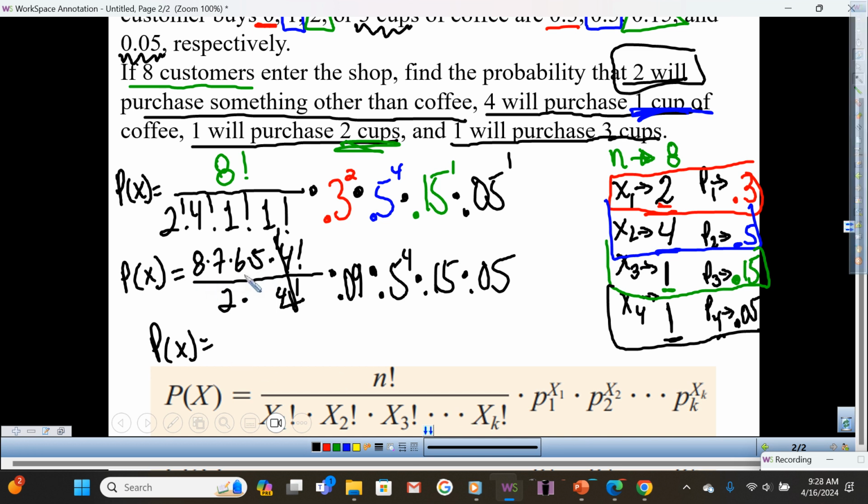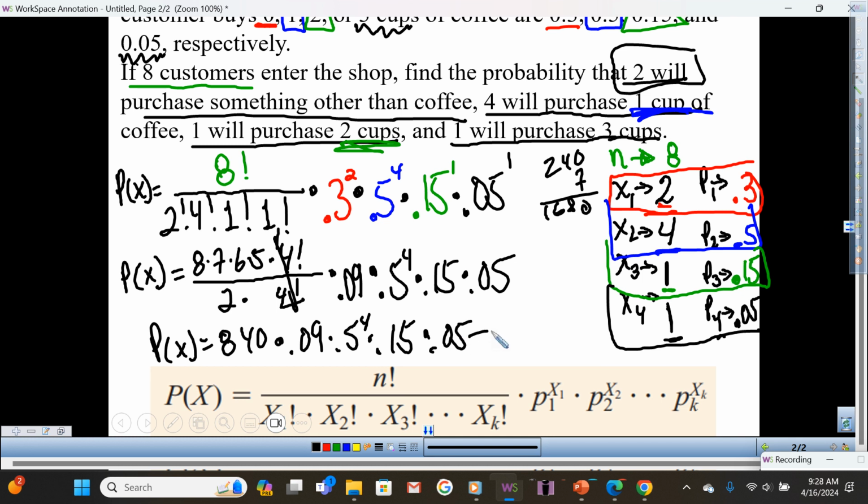So 3 times 8, that's 240 times 7, that's 1680, divided by 2, that's 840, times 0.09 times 0.5 to the fourth, times 0.15, times 0.05. All right, let's see what you get.